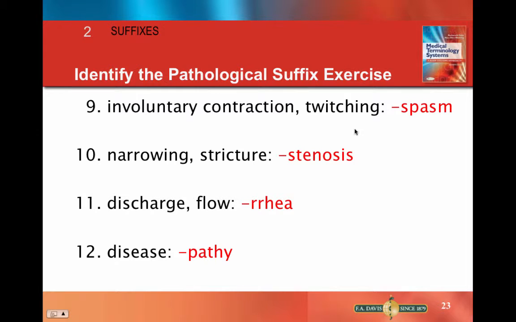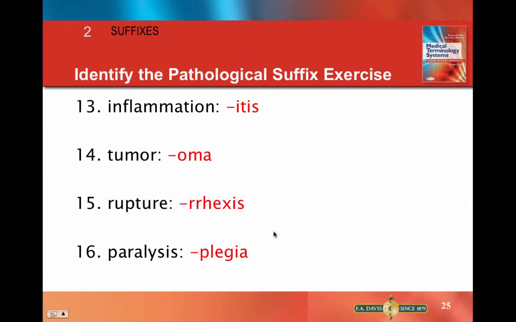Involuntary contraction or twitching could be spasm. A narrowing or restriction could be stenosis. Discharge or flow could be rrhea. Disease is pathy. Inflammation, you guys have used this one before, is itis. Tumor is oma.